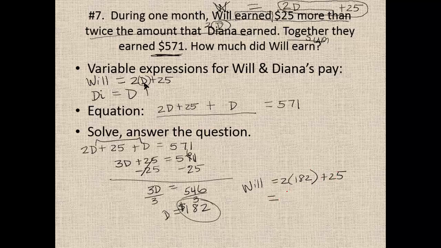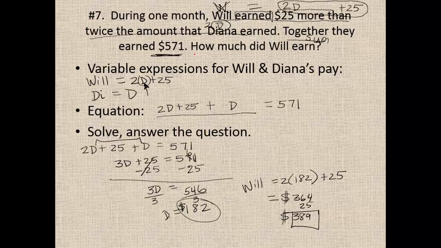And that is, let's see, we get 364 here, plus 25 more. Okay, final answer. Will makes $389, and that is what we were solving for.